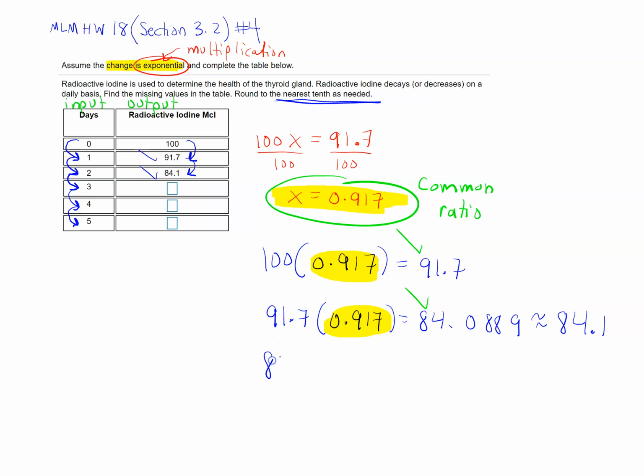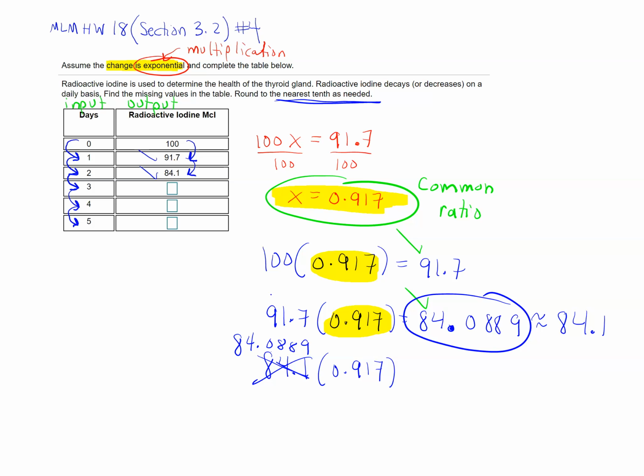Okay, so I'm going to pick back up at 84.1 and multiply by the common ratio. Actually, don't use 84.1 in your calculation just to be safe. Use that unrounded number that's already in your calculator, because sometimes there can be a little bit of a rounding error if you round too much.